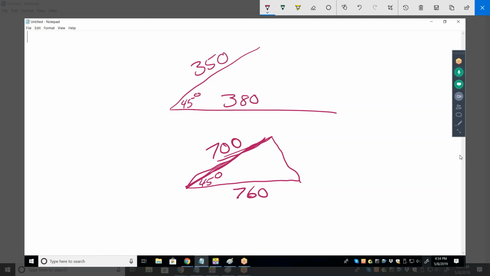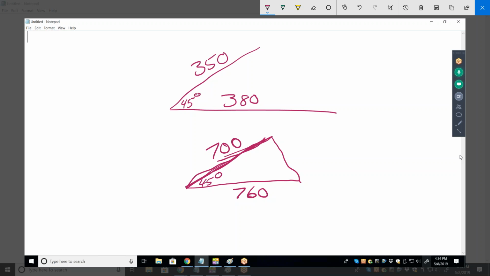What kind of triangle is that in terms of geometry? Is it side, side, side? Is it side, angle, side? Is it angle, side, side? What is it? Angle, side, side. No, actually not.